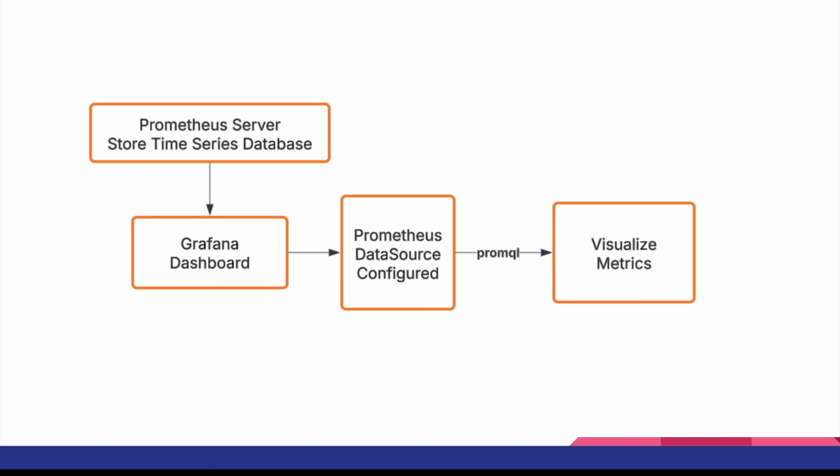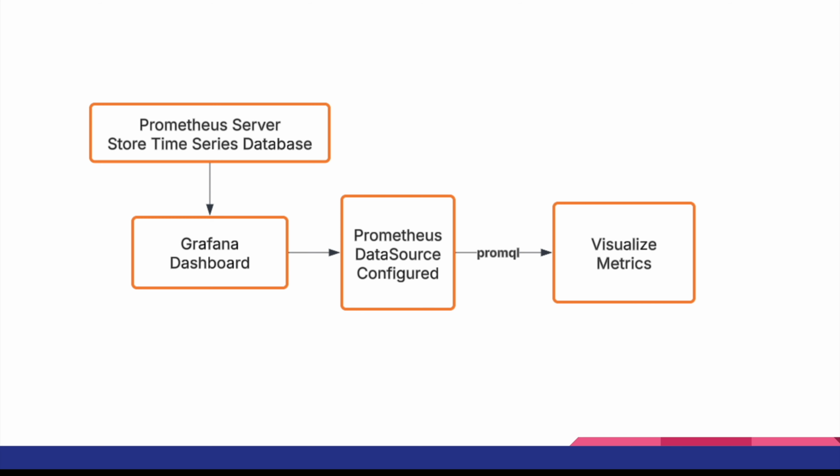And this is how it looks. You have a Prometheus server, a Grafana dashboard, and then you configure the Prometheus data source so that Grafana can get the data. PromQL is the Prometheus inbuilt query language that is used to get the metrics of your application, like CPU utilization and all those things.